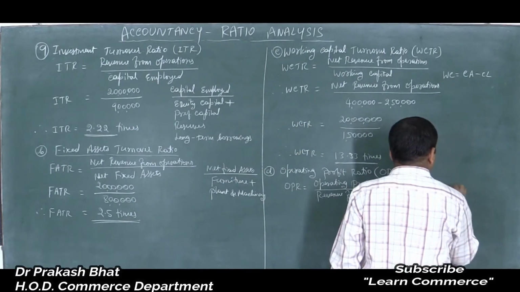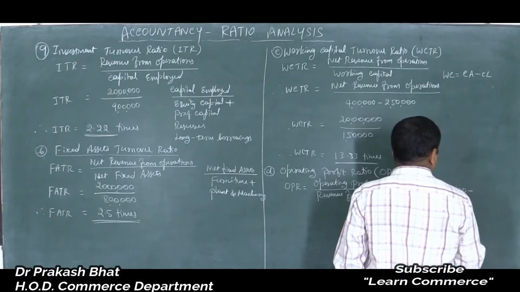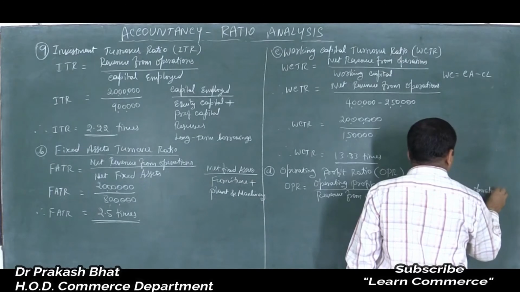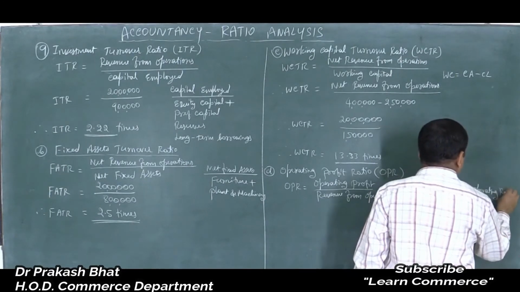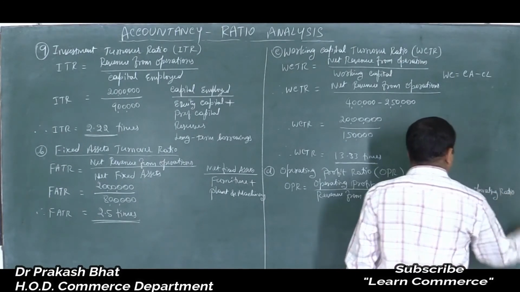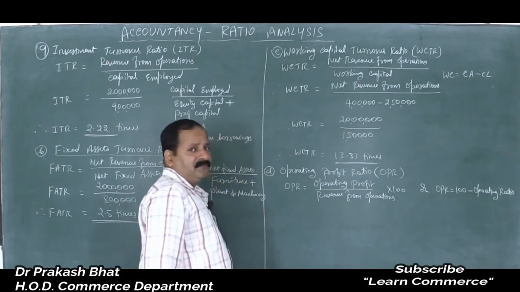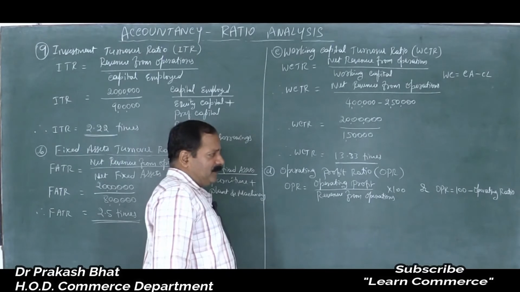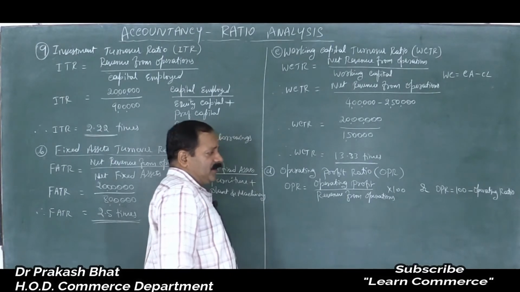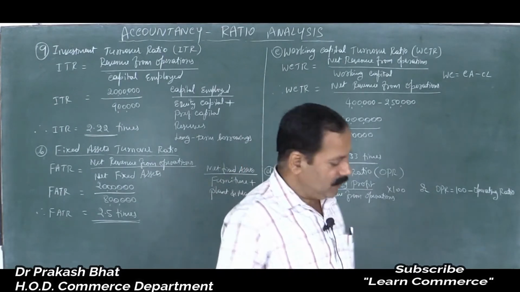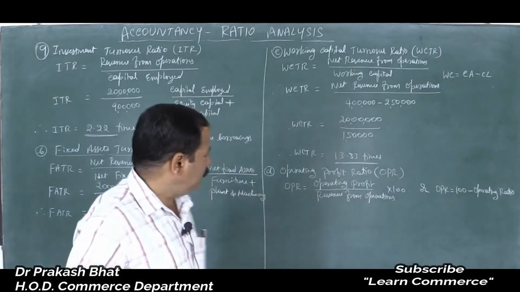OPR is equal to 100 minus operating ratio. If operating ratio is given in the problem, then it is very easy for us. 100 minus operating ratio, we will get OPR. Very simple. Let us extend here and solve here.